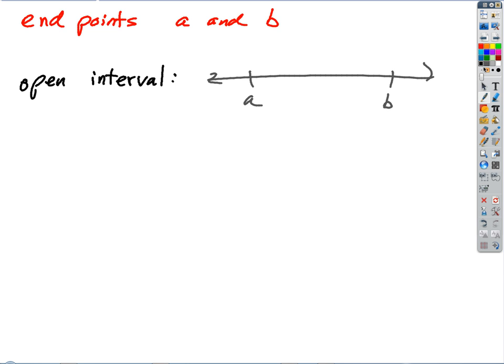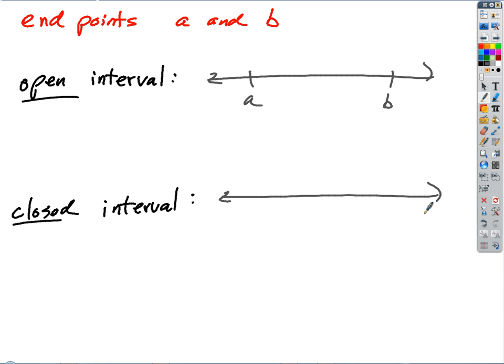Think about that for a second. We're going to compare that to a closed one. Would you like to fill in the dot? Okay, very good.